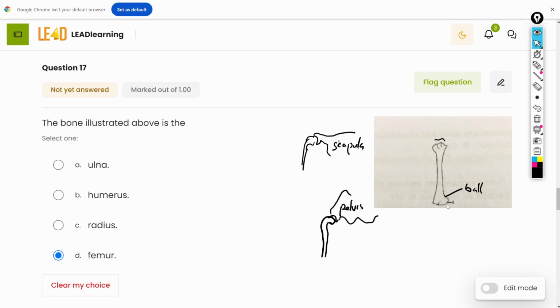It's a femur because it has a ball-like head, which is able to fit into the acetabulum of the pelvis to form a ball and socket joint. Now, we did not pick the humerus because of the ridged surface here. The ridged surface clearly shows the attachment for bones like the tibia and the fibula.